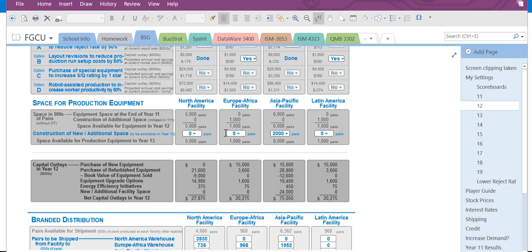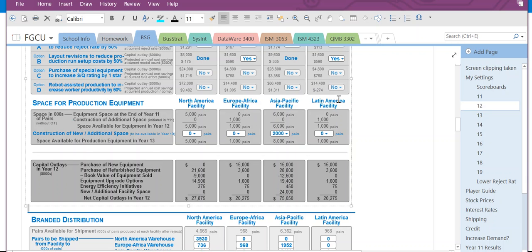Originally, I was going to purchase equipment, 1,000 in Europe and 1,000 in Latin America. But I noticed that it was actually more money. See, the equipment upgrade here was 24,000 for 2,000 pairs. It was actually, I think, 36 in Latin America or Europe for the same amount.